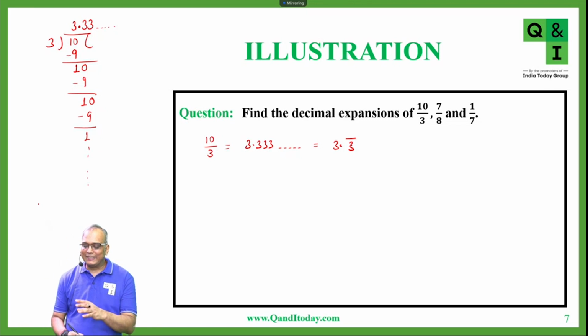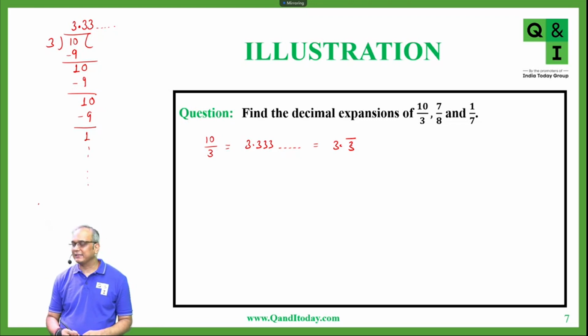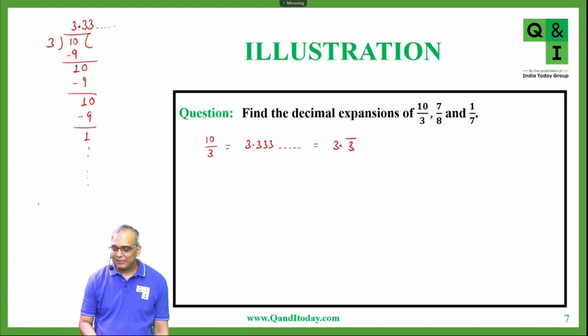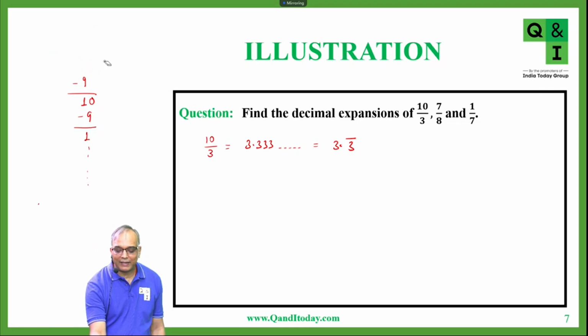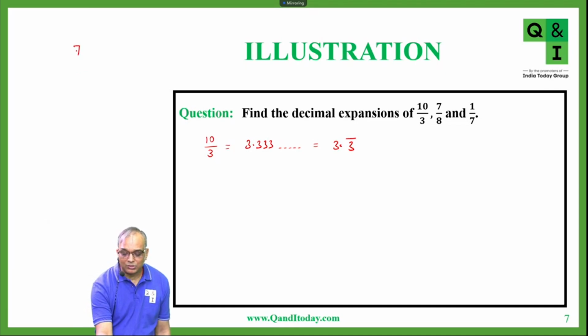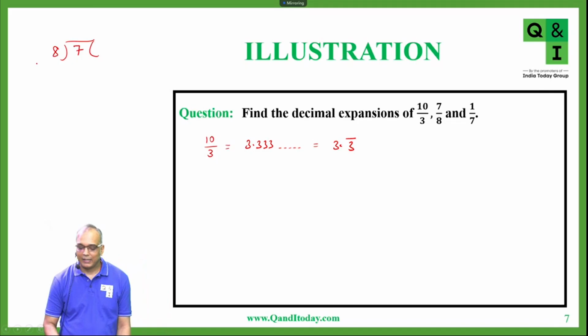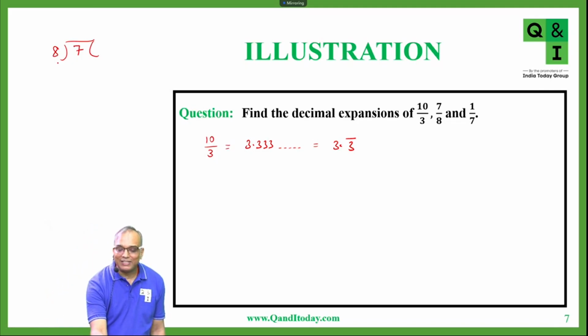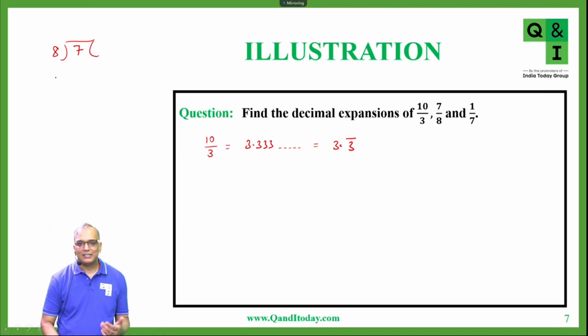Now let us find the decimal expansion of 7 by 8. So to find the decimal expansion of 7 by 8, we'll quickly rub this and divide 7 by 8. So 7 when divided by 8, because 7 is less than 8, it is a proper fraction.